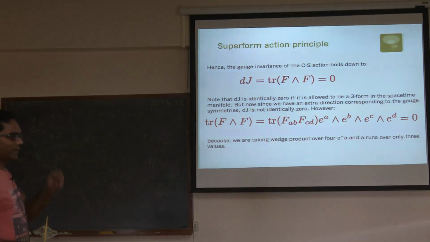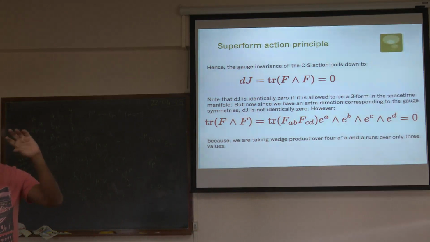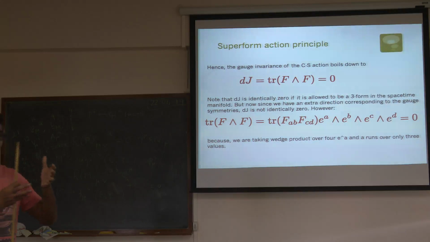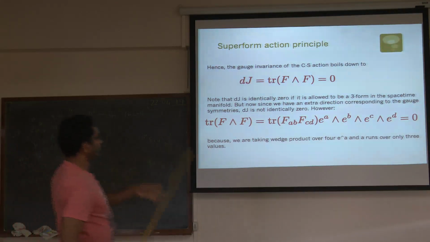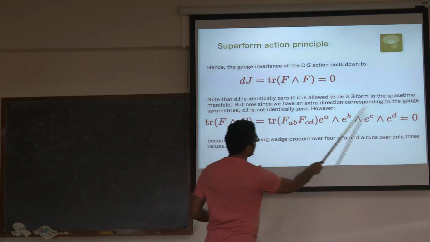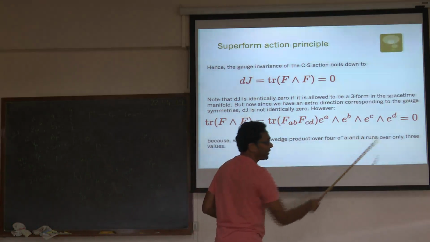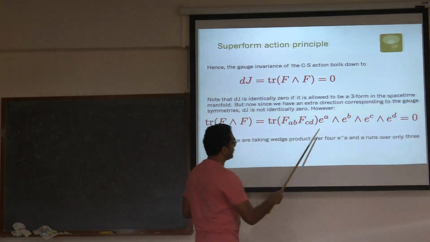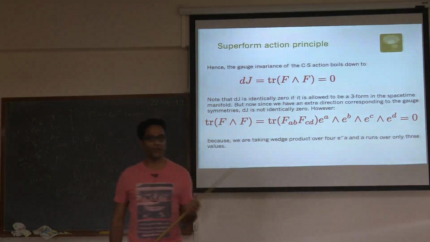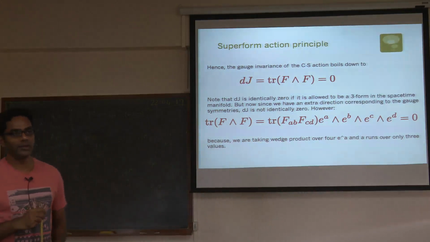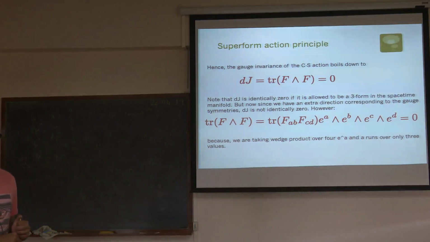That is why that relative factor between A wedge dA and A wedge A matters, so that when you calculate dJ, you only get F wedge F. You don't get anything which has bare A^I or A^J. So that makes this 0. This is 0 not because it's a 4 form in a 3-dimensional manifold. This is 0 because it's a 4 form containing this abcd index which runs over only 3 values. That is the reason J is gauge invariant.